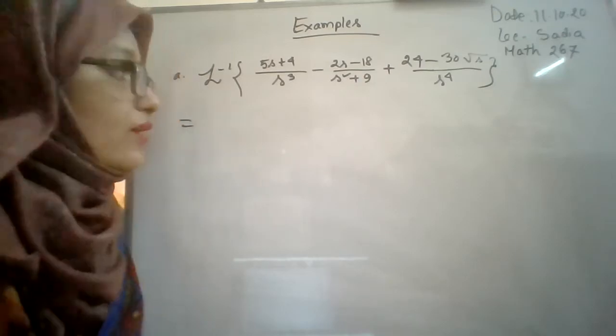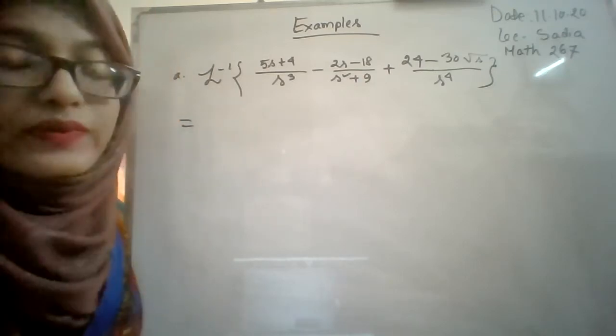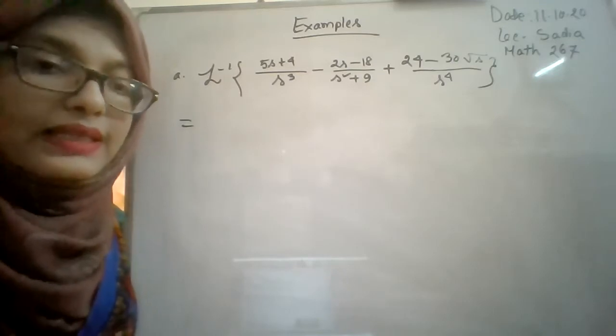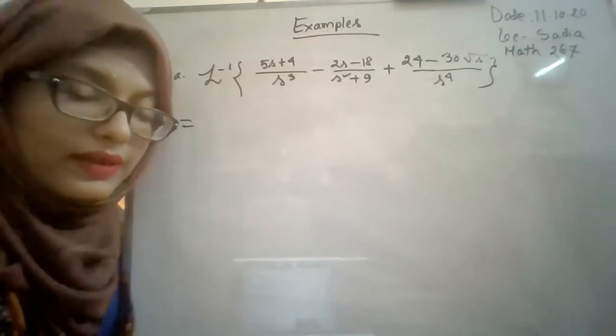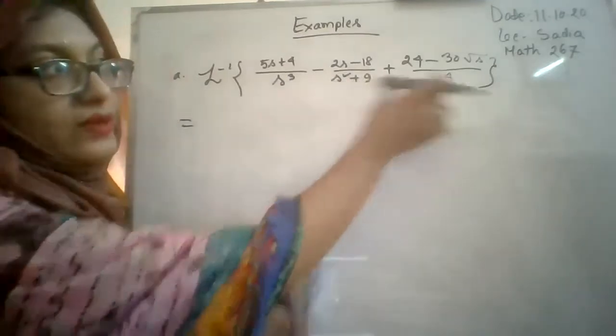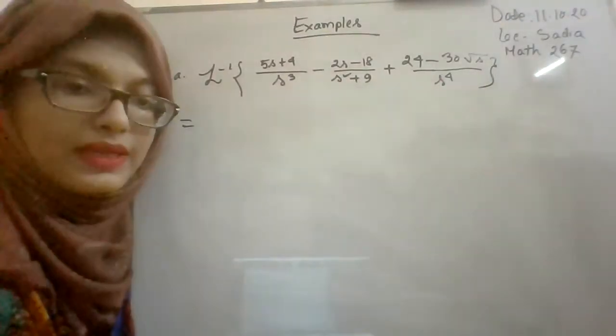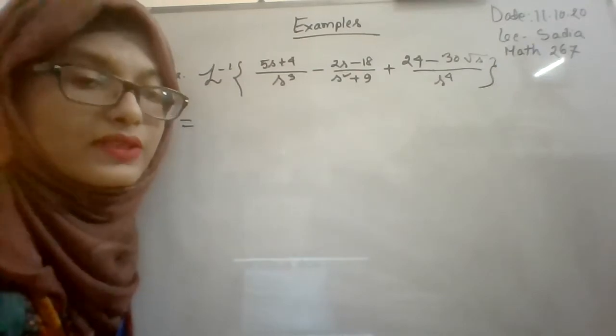So there is a first problem, inverse Laplace transformation of this expression, and here you can see that this function contains three individual parts. So you have to find the inverse Laplace transformations of these three individual parts.